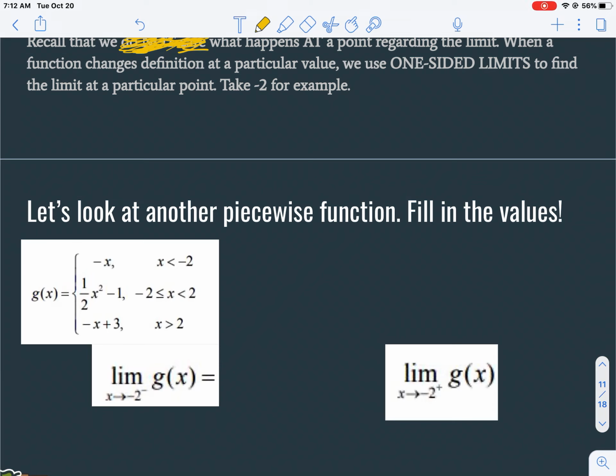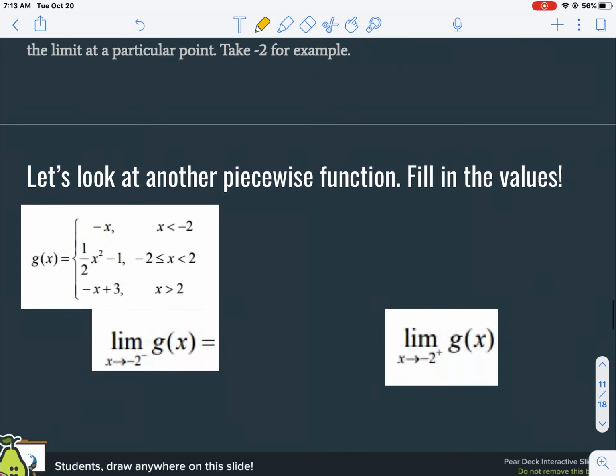So when that happens, we're going to find the limit from the left and the right. So we want to find the limit from the left. The limit from the left is negative x, right? Because if x is less than negative 2, that's coming from the left, smaller numbers, then the function's negative x. And then we plug in negative 2, which is 2. So the limit from the left is 2.